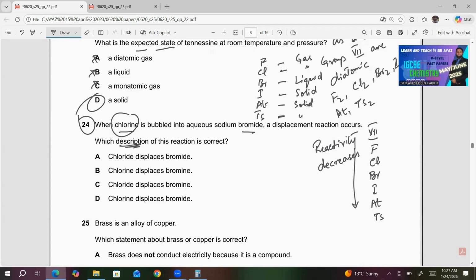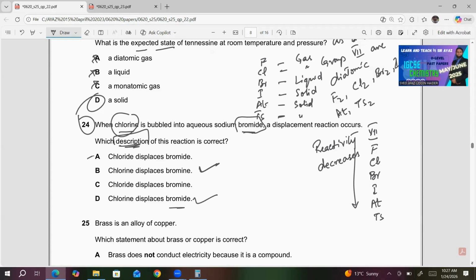So they are asking about the description of this reaction. Now this is a tricky one, because if you look at the marking scheme, they are saying chlorine displaces bromine. So this must be correct. Students might get confused that chlorine displaces bromide, because here we have bromide also. So this looks also correct. These all are incorrect.